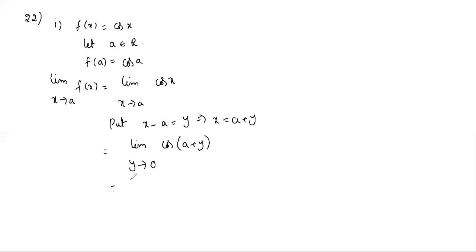Cos a plus y formula: cos a cos b minus sin a sin b. So cos a is constant, cos y tends to 1, minus sin a into sin y tends to 0.